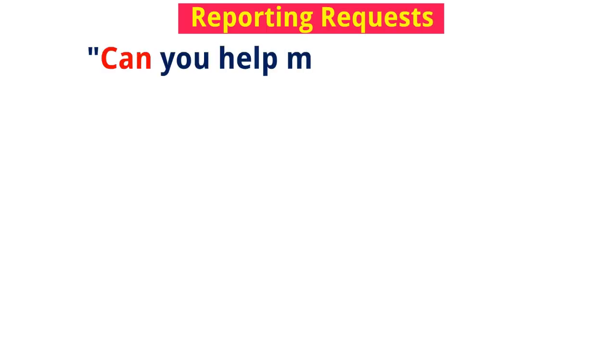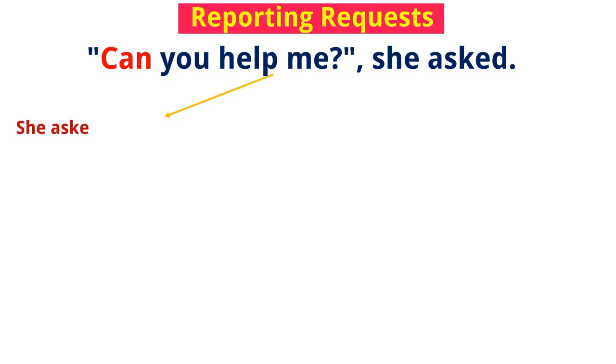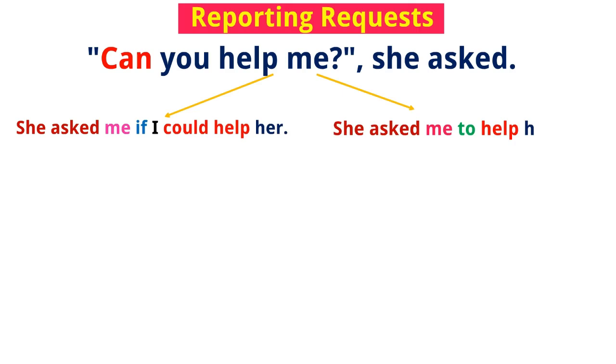Let's move to how to report requests, or reporting requests. For example, "Can you help me?" she asked. It can become, she asked me if I could help her, or she asked me to help her. These two sentences are correct.